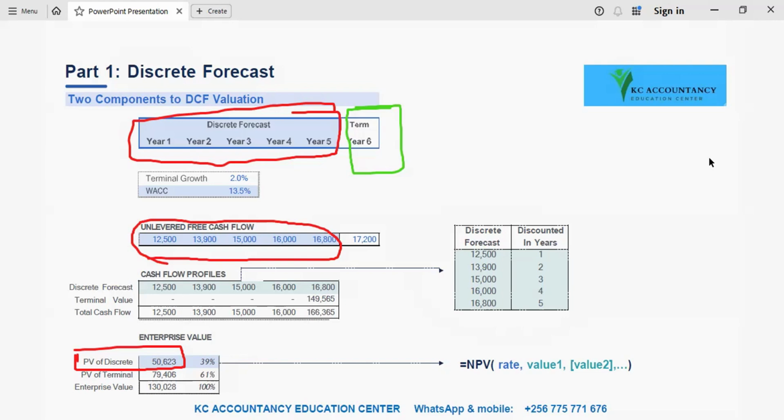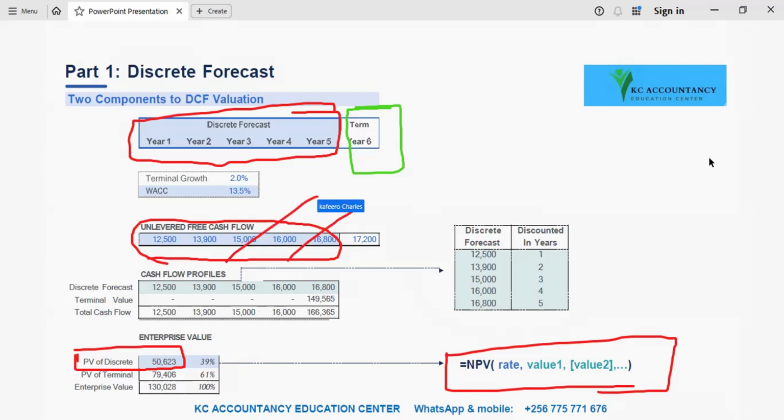NPV, net present value. In Excel, there is that net present value formula. If you put in that function, it will compute these values and you'll get this value here.